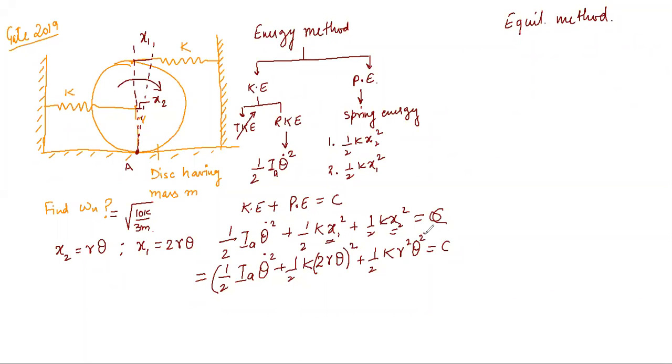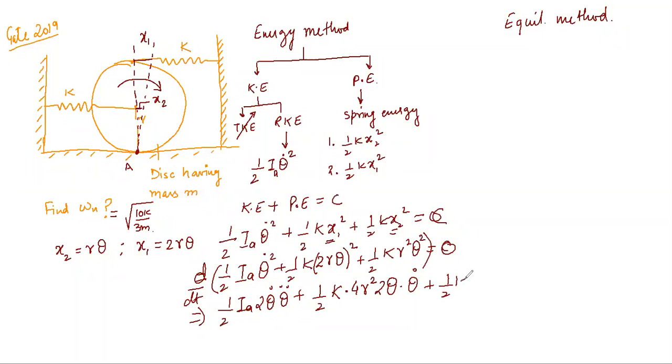We are going to differentiate this equation. The constant becomes 0. The differentiation gives half IA times 2 theta dot theta double dot, plus half k 4 r square times 2 theta into theta dot, plus half k r square times 2 theta into theta dot, and that equals 0, right?